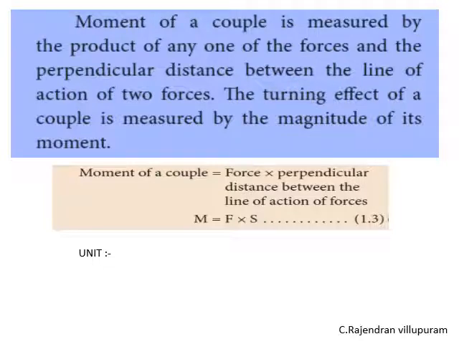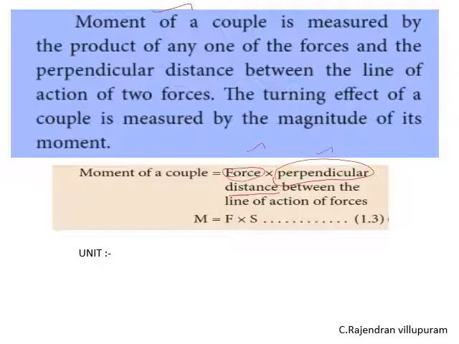How do we calculate the moment of the couple? Here also you can calculate the moment of the couple. What is the formula? The moment of the couple is nothing but the product of the force and the perpendicular distance, as given in the definition itself.